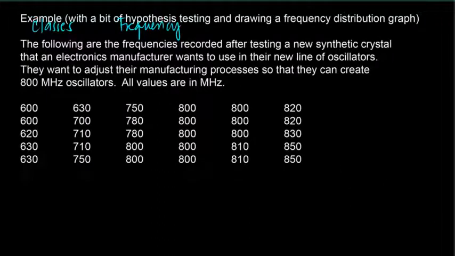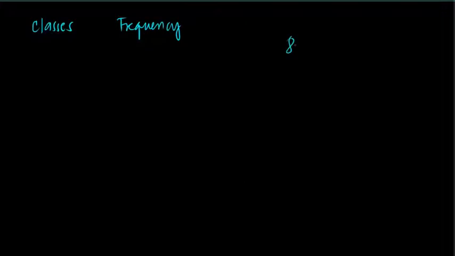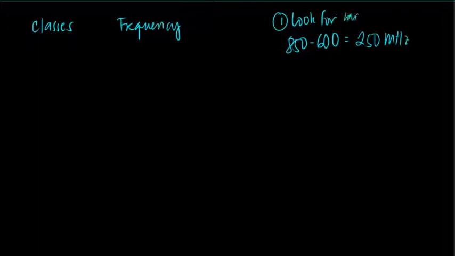Okay. So, what we will do is find the range first. So, 850 minus 600 is going to be 200, wait, 1 second. It's 250. I got confused there. It's 250 megahertz. So, first step, once again, is to look for the range, 250 megahertz.